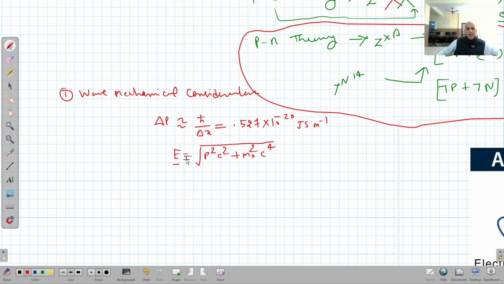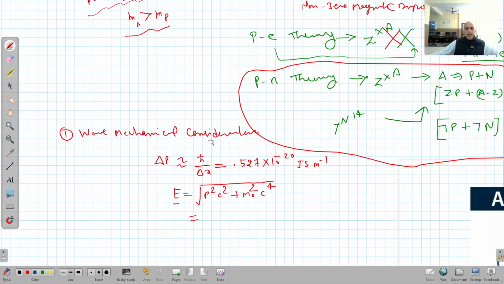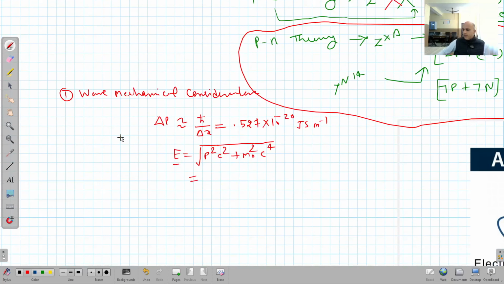So when I put the value of momentum, that is this c square, m naught is the mass. We can take any of these two, and then c square. If we put all these values, you have seen that in the case of electron, because the mass of electron is very small as compared to the mass of proton or mass of neutron, we ignored this term at that time, but here now we can't ignore it, we have to put it.